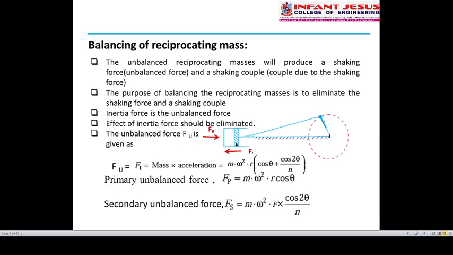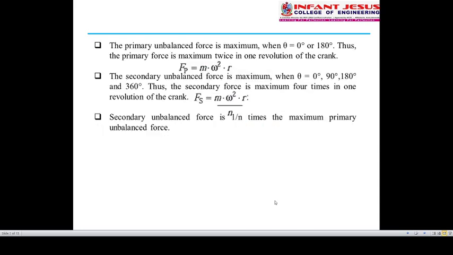Now we can see the conditions for these unbalanced forces. For Fp, that is m omega square r cos theta, if we apply theta as 0 and 180, we get the maximum primary unbalanced force.